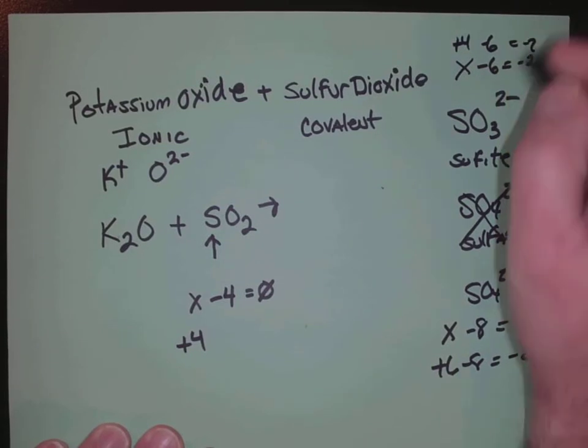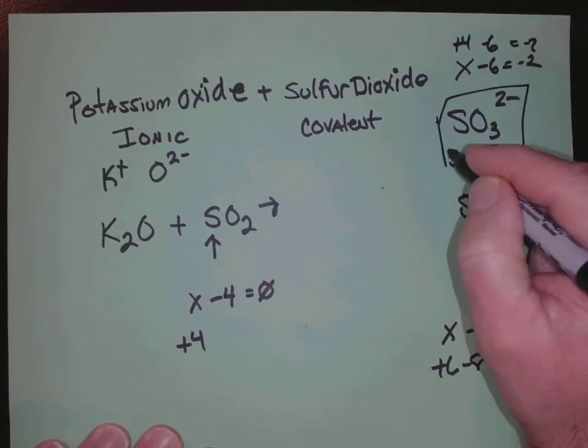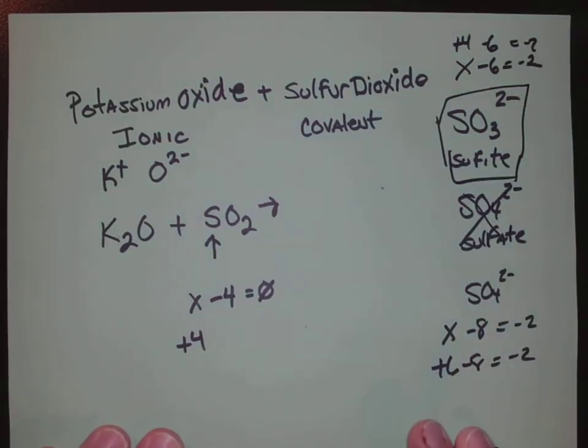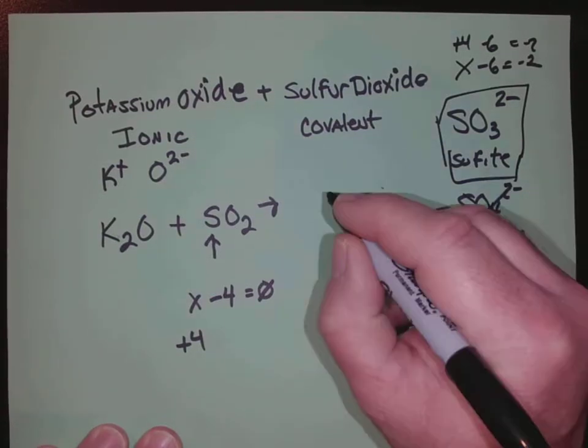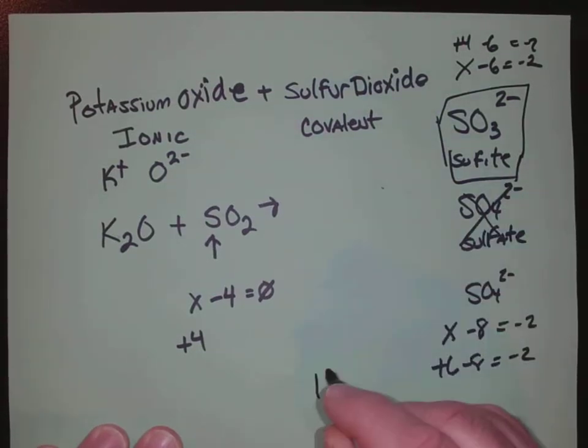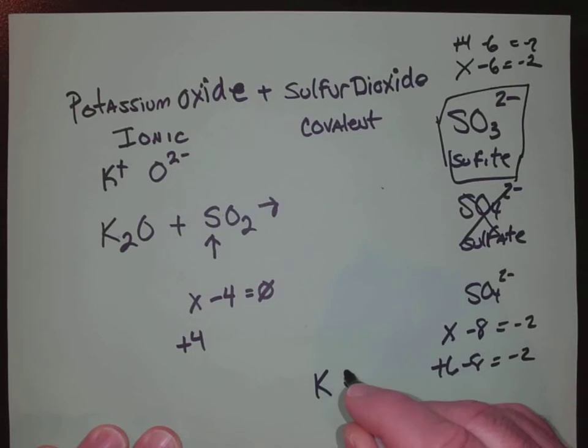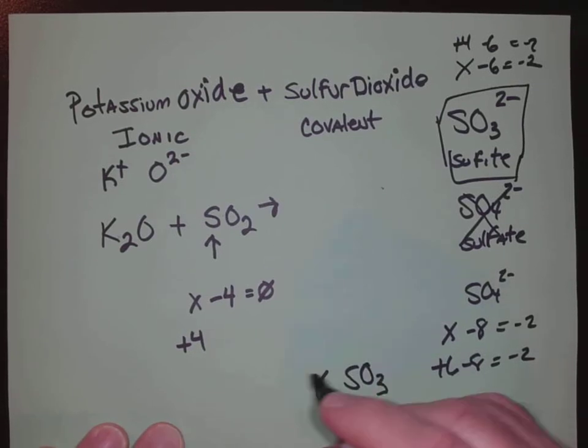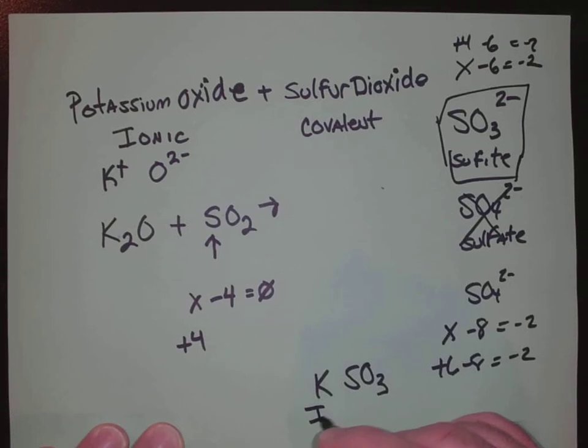So we are going to make the sulfite version. And that's what oxidation numbers tell you here. All right, so it's going to make K SO3. Now, I always, since this is an ionic compound, I always have to check the what?